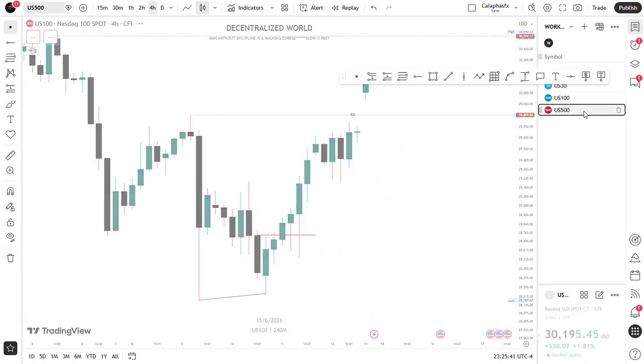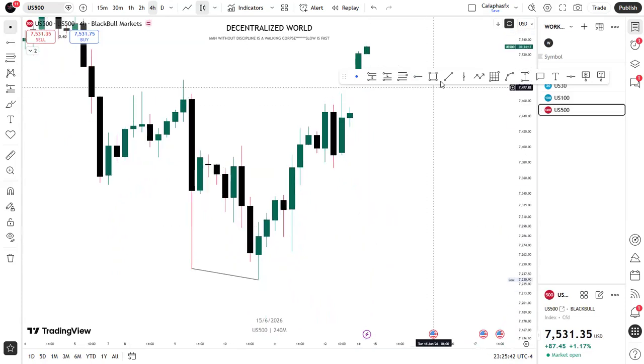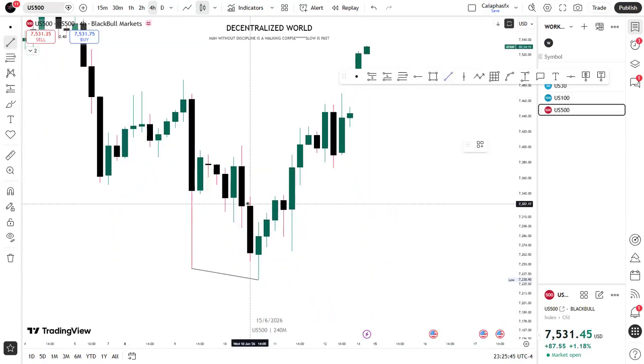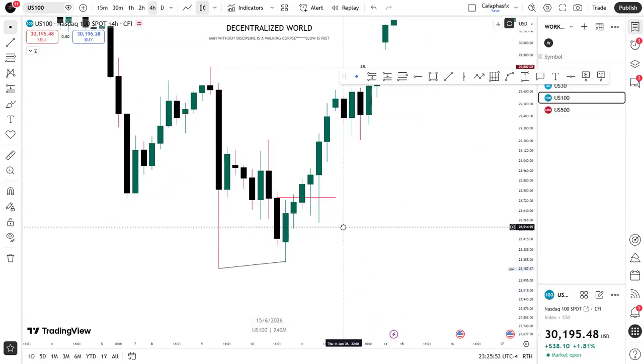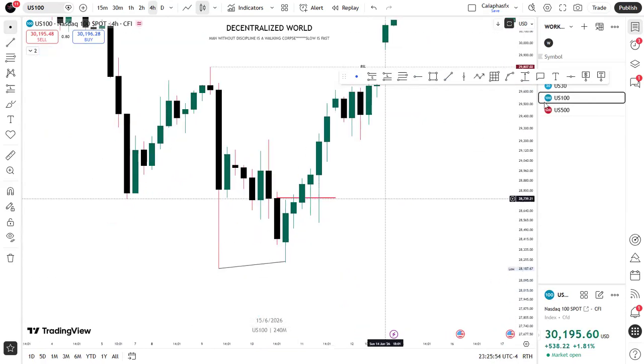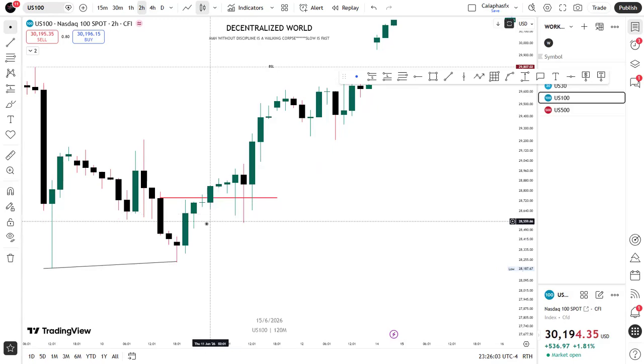So for US 500, we did have this. US 500 was stronger than US 100, right? So given that it was stronger than US 100, it was more volatile. Why do I say so?